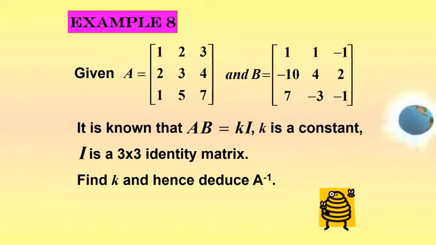Given A and B, it is known that AB equal to KI, K is a constant, I is the 3 by 3 identity matrix. Find K, hence deduce A inverse. Now we have the word deduce, which means that you have to find A inverse by using AB equal to KI. Cannot use the adjoint method.